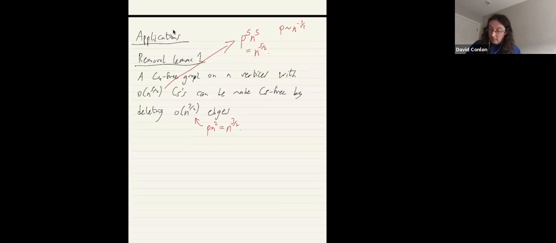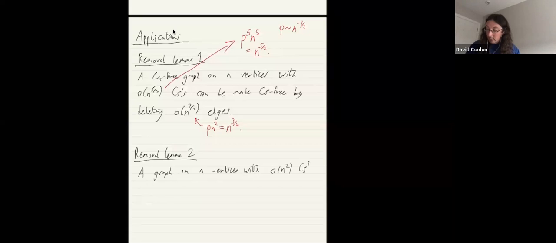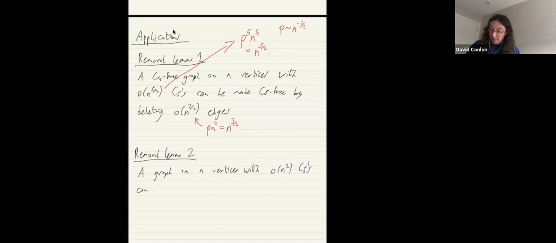A second removal lemma is the following. A graph on n vertices with little o n squared C5s can be made triangle-free by deleting, again, the same number of edges, little o n to the 3/2 edges.